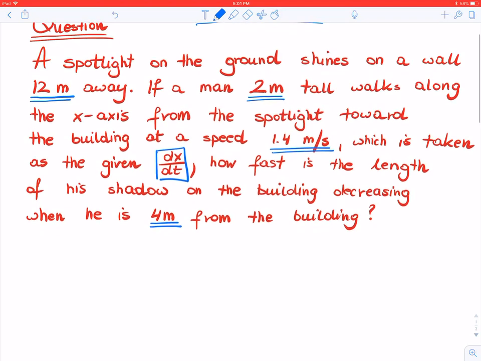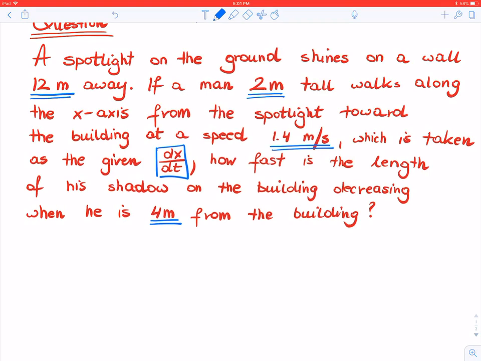Okay, what will we do? First of all, we will use some diagram. I can put the ground. This will be the spotlight. That dot is the spotlight. And let's say this is a wall. Now the man, it's 2 meters tall. Let's say that's him. And then he's walking.